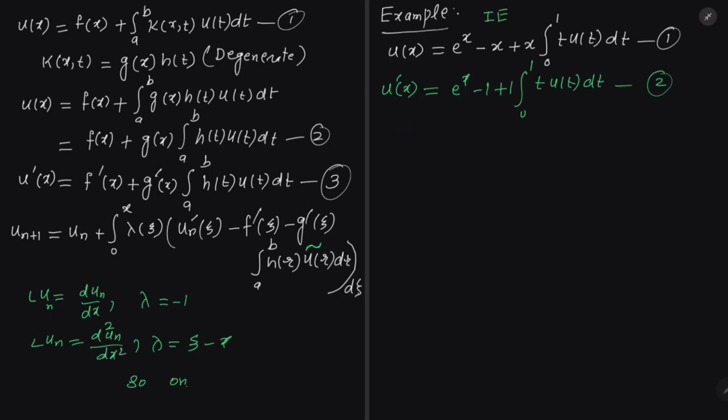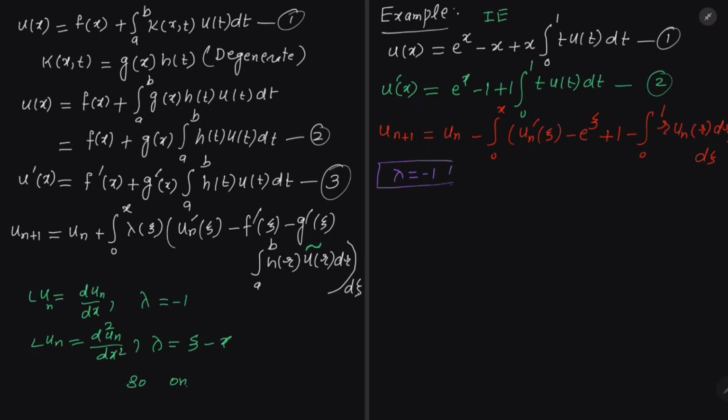We find the correction functional equation: u n plus 1 equals u n minus the integral from 0 to x of u n dash xi minus e raised to xi plus 1 minus the integral from 0 to 1 of r u n r dr, and this is dxi. Since we have a first order derivative here, lambda is equal to minus 1.